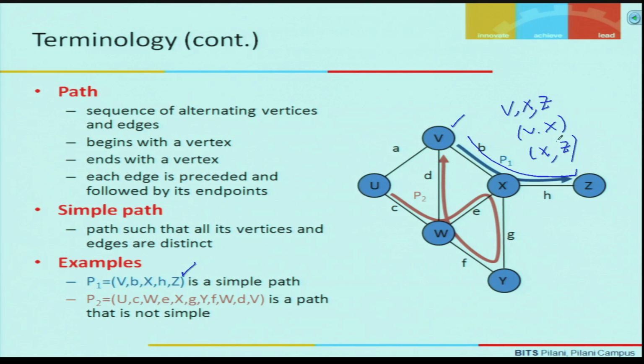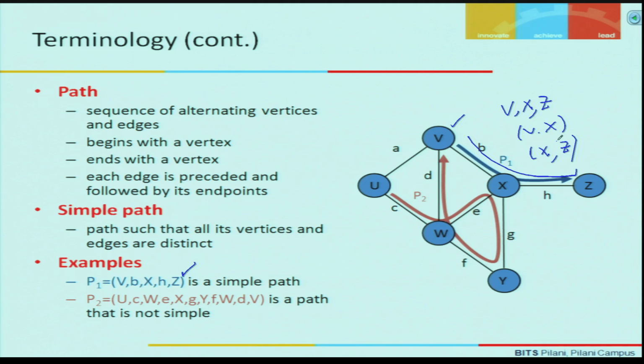A simple path is such that all the vertices and edges are going to be distinct. So, if you look at P1, you see that no vertex or edge is repeated. So, it is called a simple path.